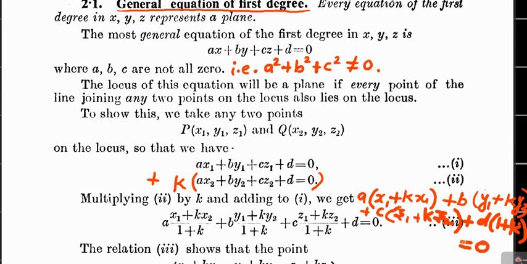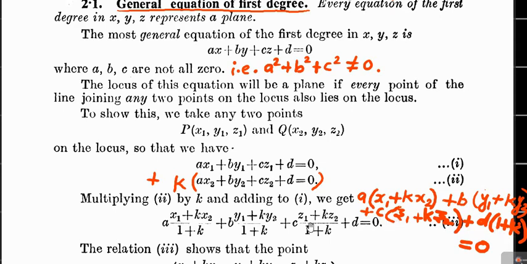Okay, so like such we'll get. Now we don't want this 1 plus k in the last term, so we'll divide throughout by this term 1 plus k, and then we'll get a into x1 plus kx2 divided by 1 plus k, plus the second term will be b into y1 plus ky2 divided by 1 plus k, plus third term is c into z1 plus kz2 divided by 1 plus k.